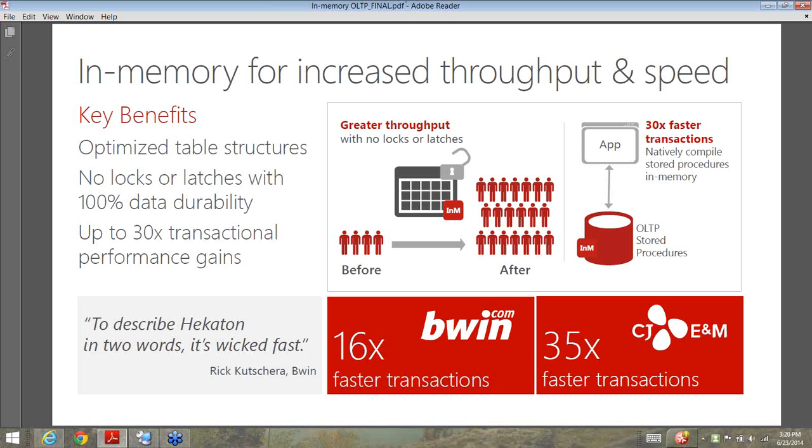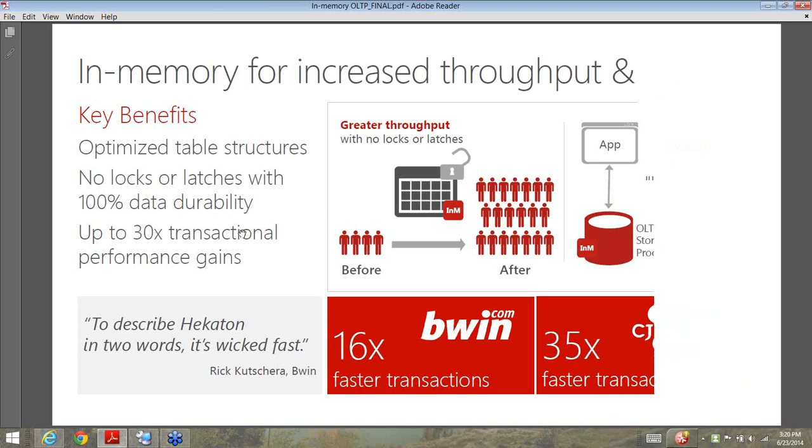Now, since the contention got significantly reduced, they were also able to cut the player response times from about 50 milliseconds to 3 milliseconds, right? So that's a huge reduction in terms of the wait that the player had to face, right? So that was the kind of performance improvement that Bwin got, right? Now, let's move further and see.